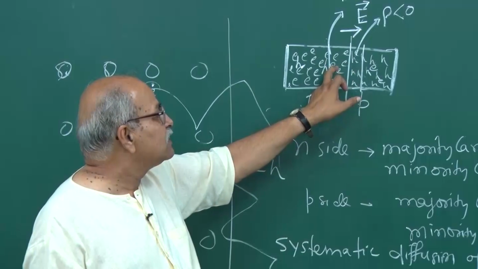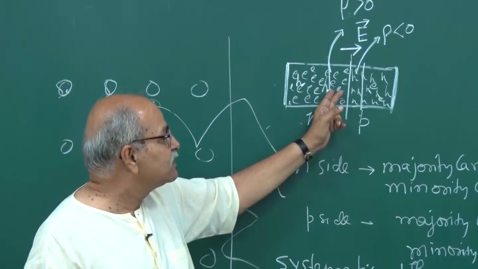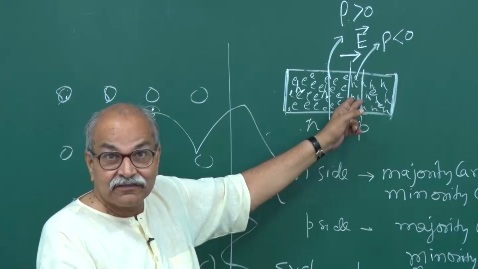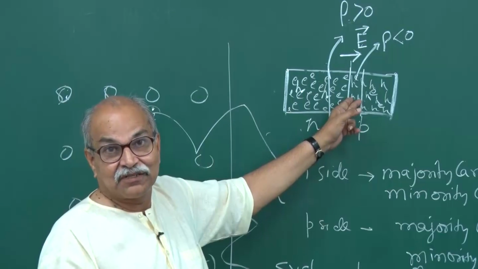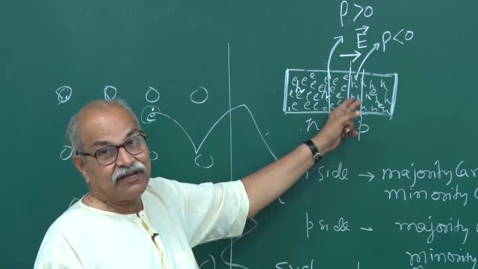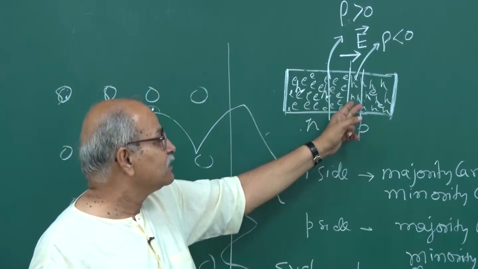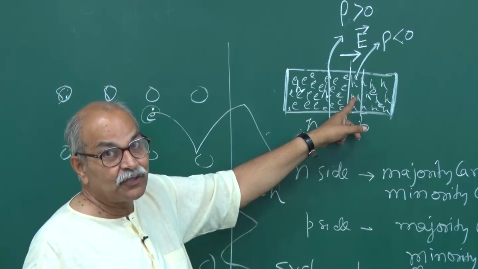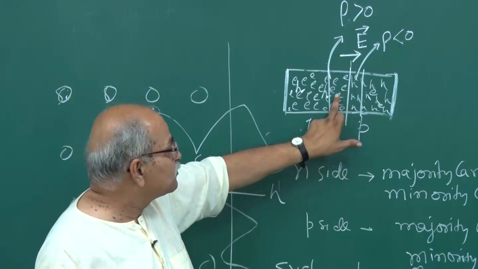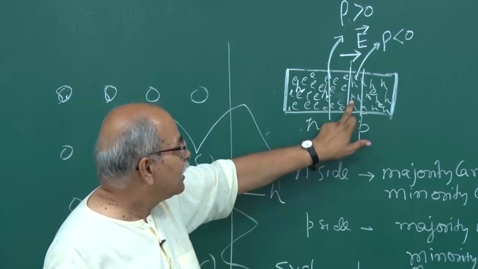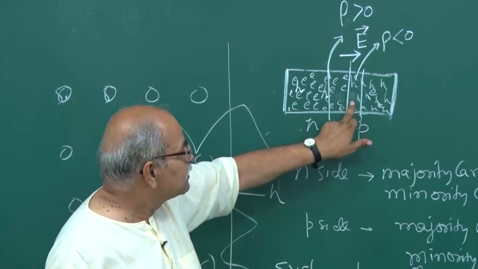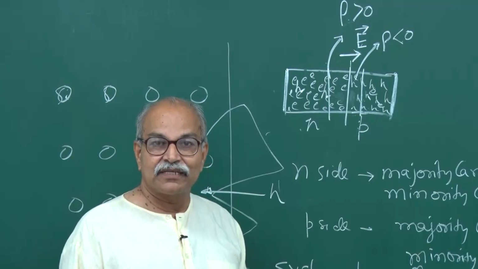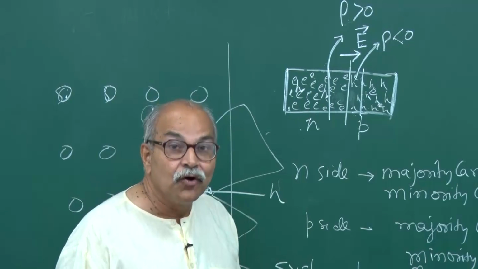The electron which has come from left to right finds so many holes there, and one or the other hole will accept it gladly, and it will fill that hole. Suppose this electron meets this hole and fills it. So, now there is no hole and there is no conduction electron, that pair is gone.